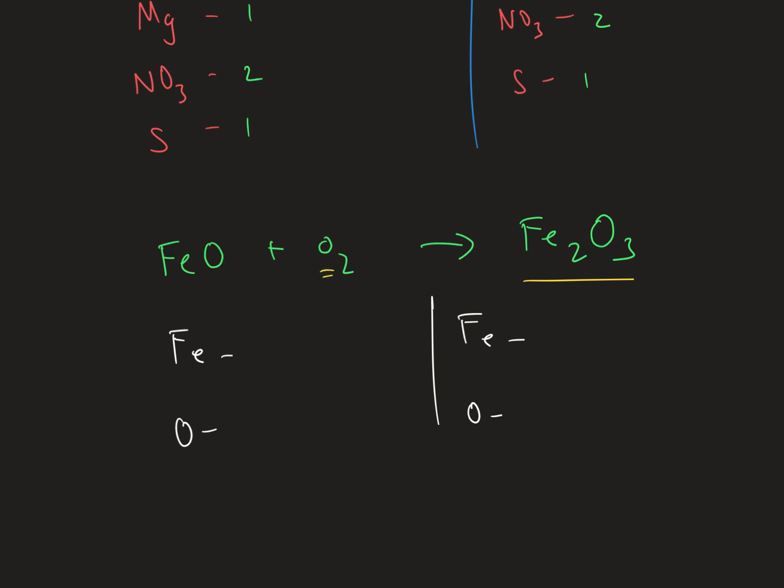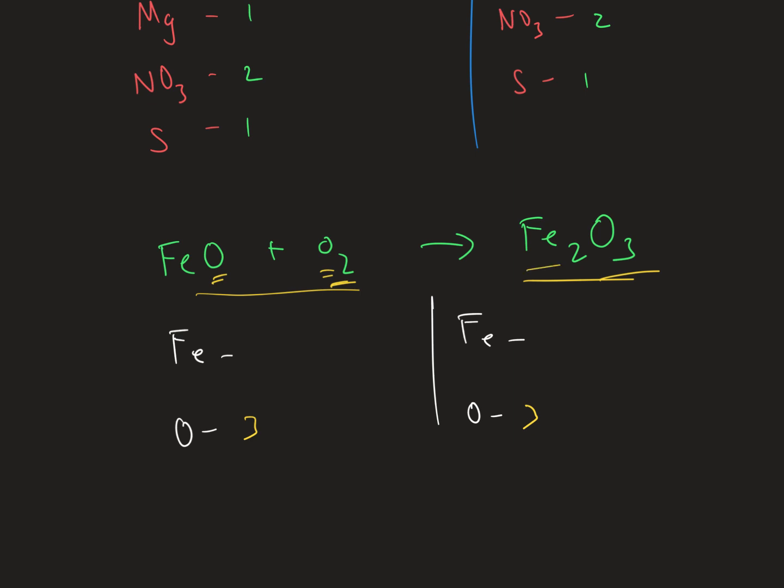Because oxygen appears everywhere, and it's all alone right there. But let's do oxygen. How many oxygens do we have on this side? 3. How many do we have on this side? 1. Okay, 3 and 3. No big deal. How do we get 3 on this side? We have 1 here plus 2 here. You see that? Yes. Okay.